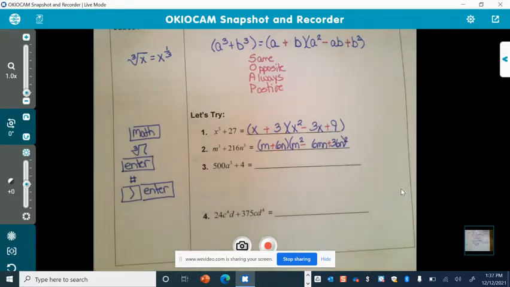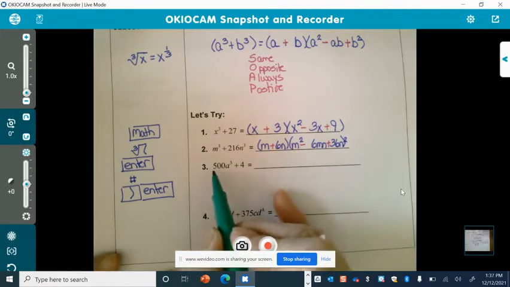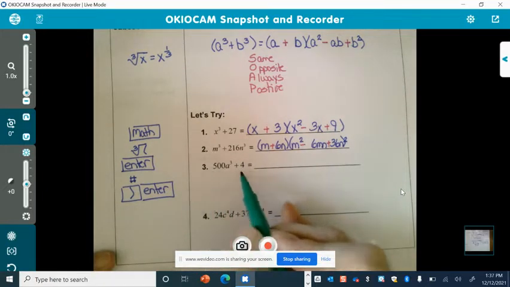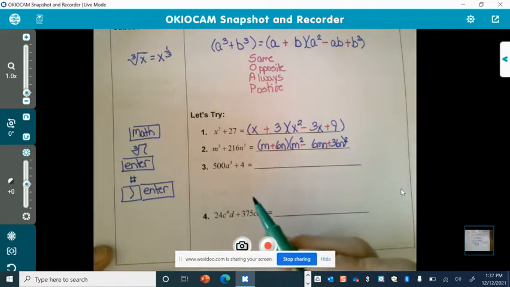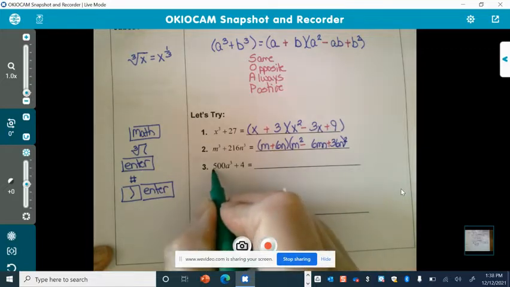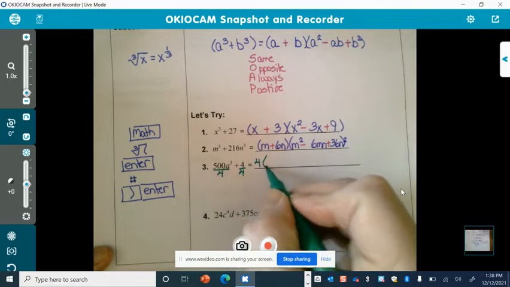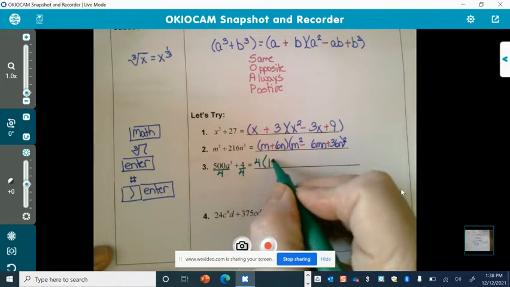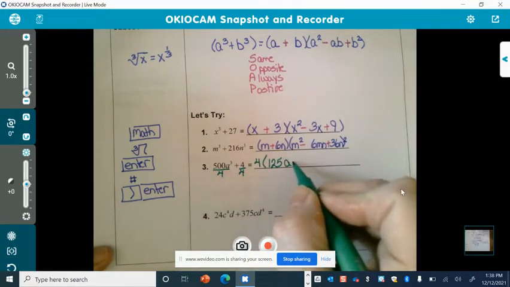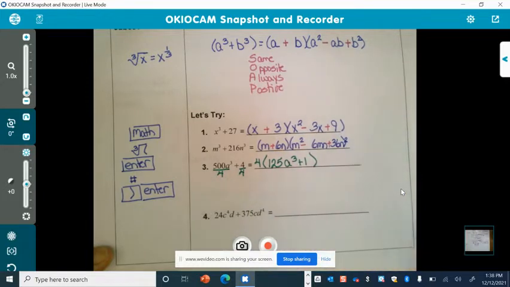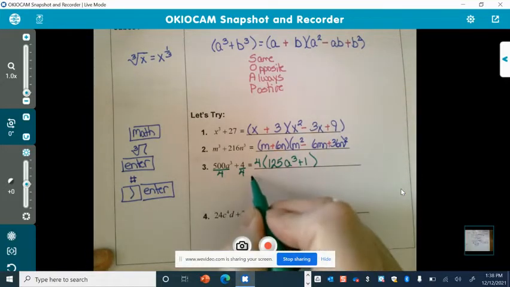All right, my next one had better have a greatest common factor. Even if I don't have my perfect cubes memorized, I know 4 is not a perfect cube. So let's see. If I take out a 4 from both terms, I am left with 125a cubed plus 1. All righty.